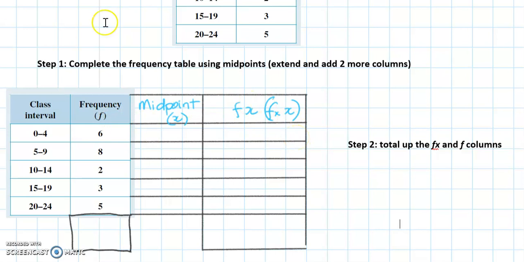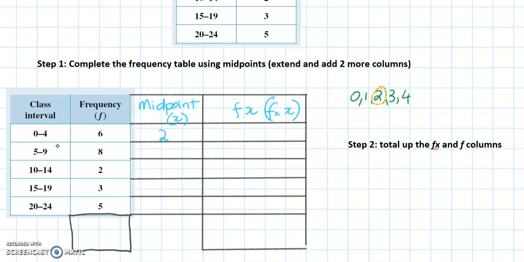The midpoint means you find the midpoint of the class interval. If you take the class interval of 0, 1, 2, 3, 4, the midpoint is our middle number, that's 2. So the midpoint for the class interval of 0 to 4 is 2.